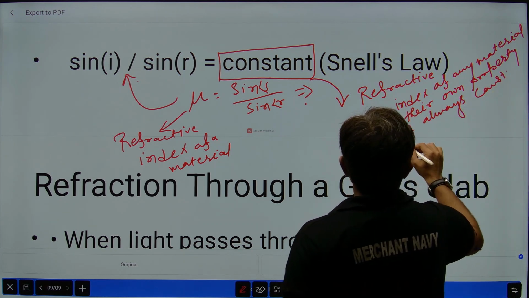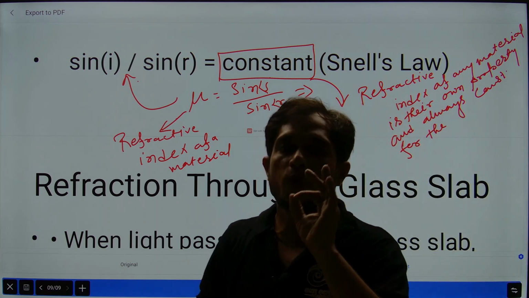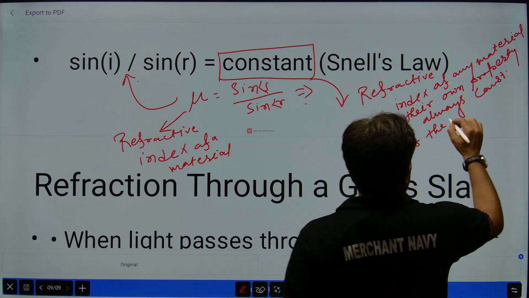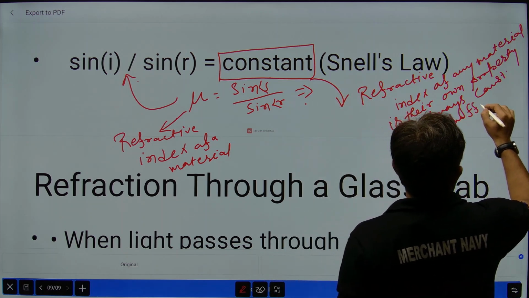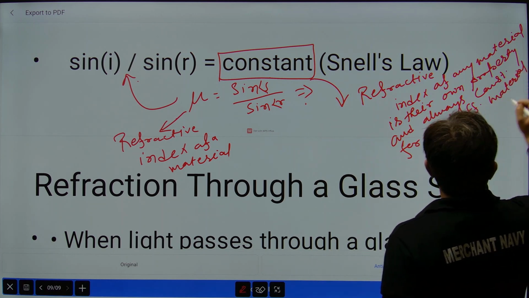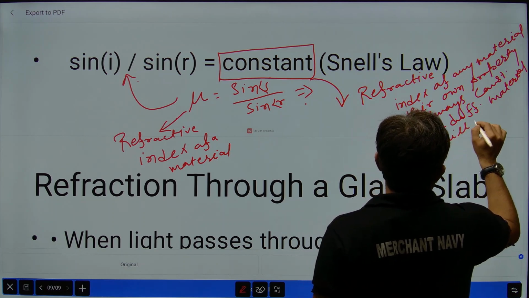For different materials, the value of the refractive index will remain different.